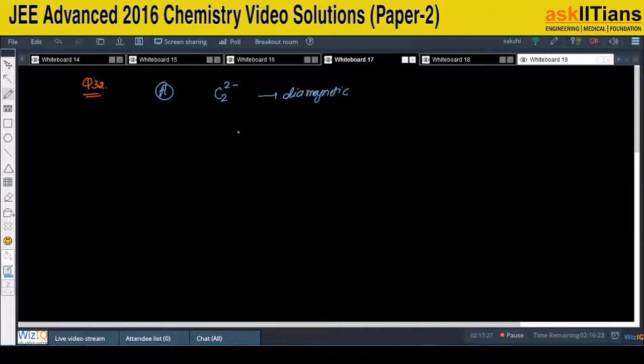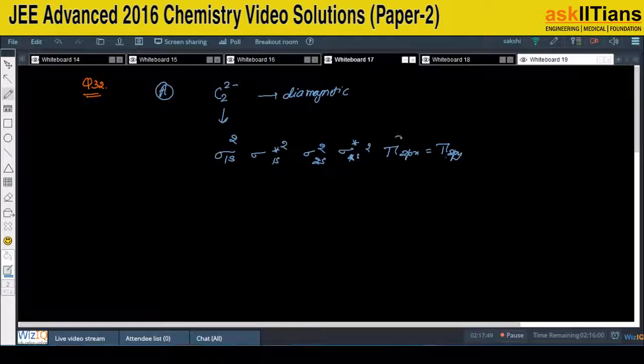I would first of all write down the molecular orbital energy configuration for C2. So this will be sigma 1s2, sigma star 1s2, sigma 2s2, sigma star 2s2, pi 2px equal to pi 2py.